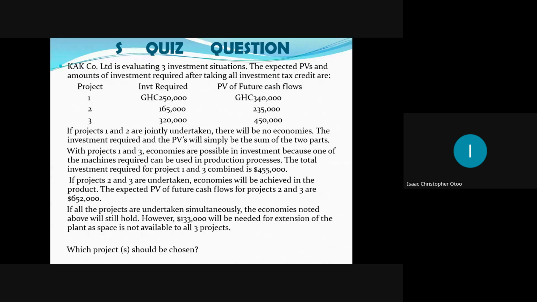Then the present value of future cash flows, all of them, they have done it. It is 340. So to get an NPV, you deduct 250 from 340. The NPV will be what? So 90,000. So positive.